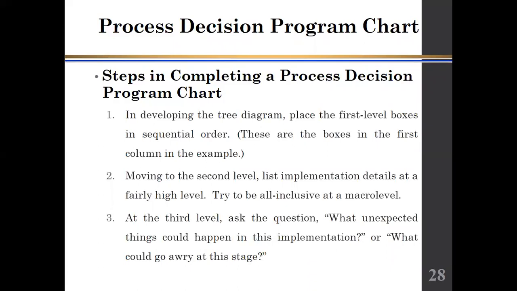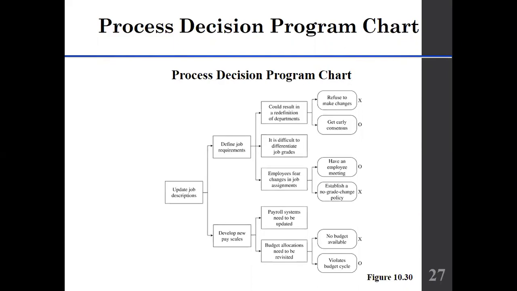Now what you need to do at the end is evaluate the countermeasures for feasibility and mark those which are feasible with an O, and mark those which are not feasible with an X or cross. So that's how we can construct the process decision program chart.